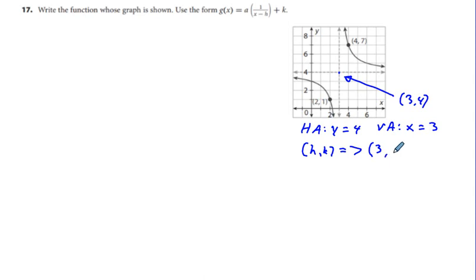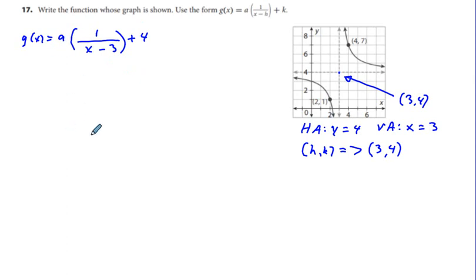So 3 comma 4, which is already done. So that means that our basic form for this function, g of x, is going to be equal to a, we're going to figure out a in a little bit, times 1 over x minus 3, that's x minus h, plus 4.